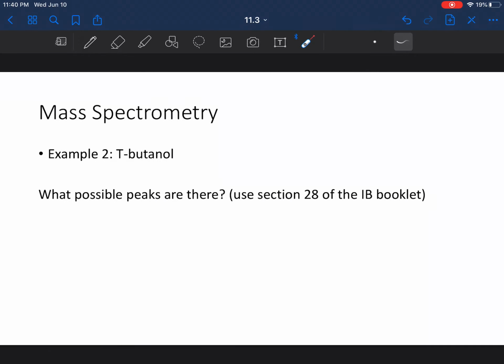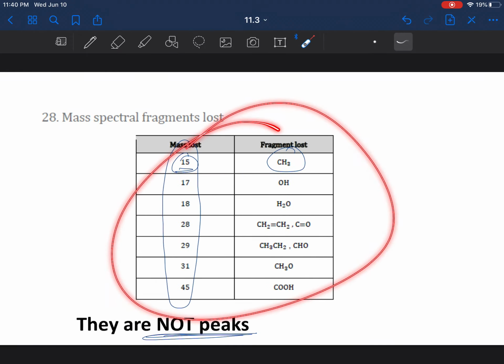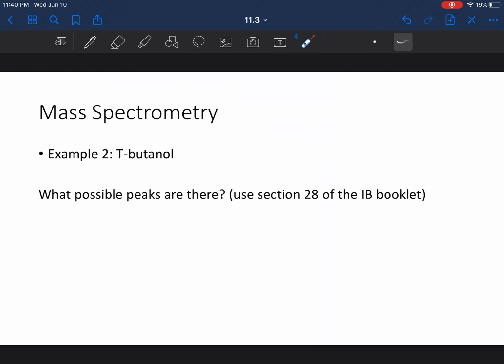All right, so I have an example right here. I have 2-butanol, and let's draw that for now. I want you to know, what possible peaks do you think there may be? And you can use, of course, the IB booklet at page 28, which is really just this right here, to determine.